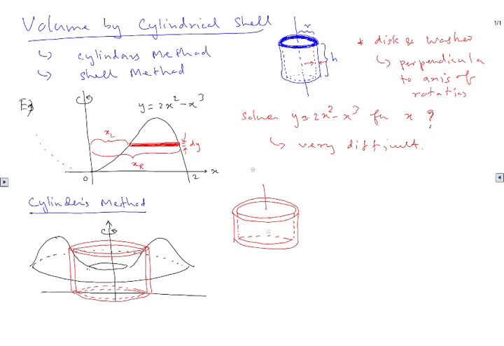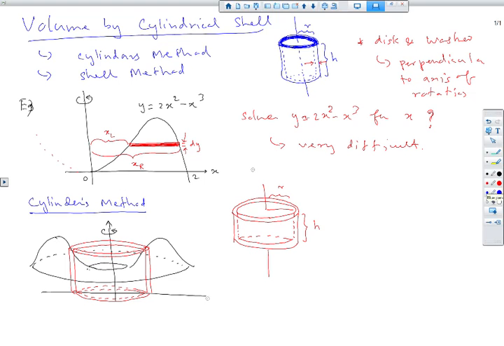So what we need is the height h, and then we also need the radius r. So we are going to go in the x direction.